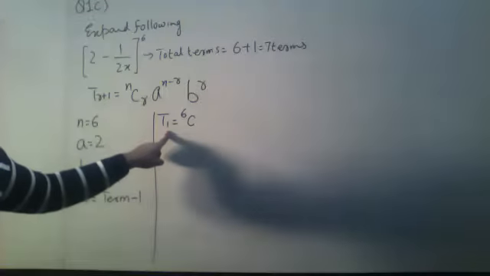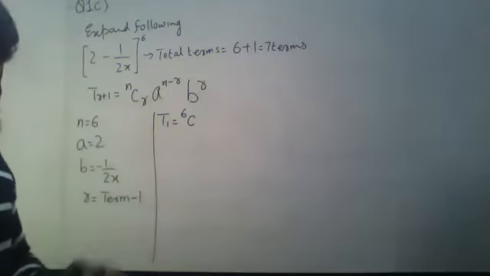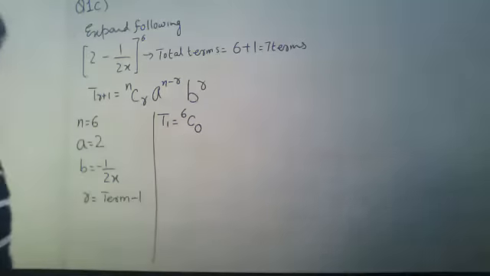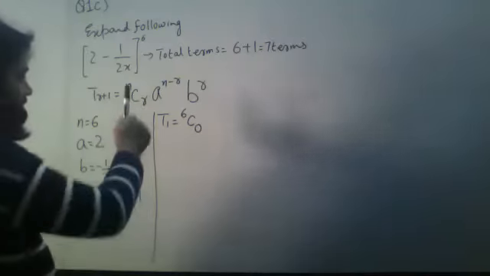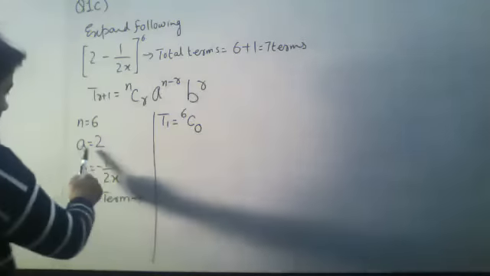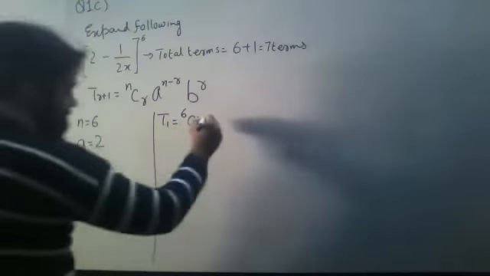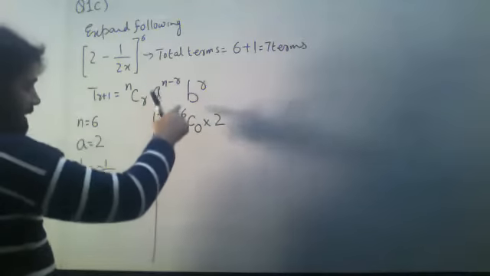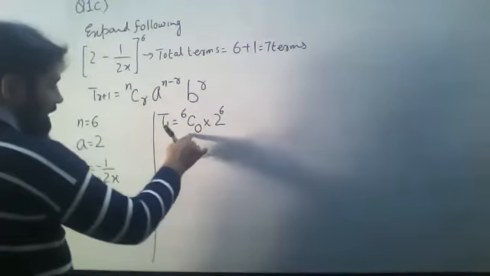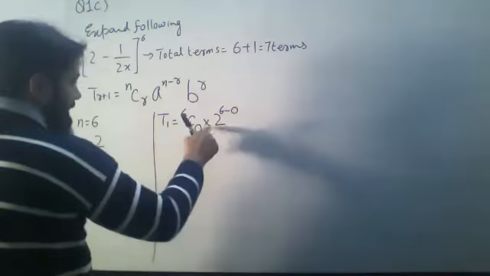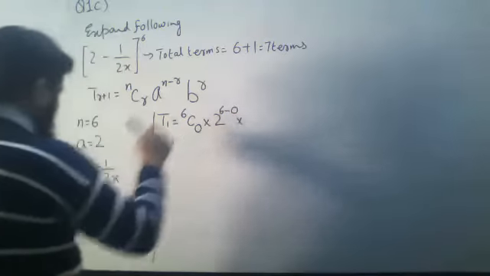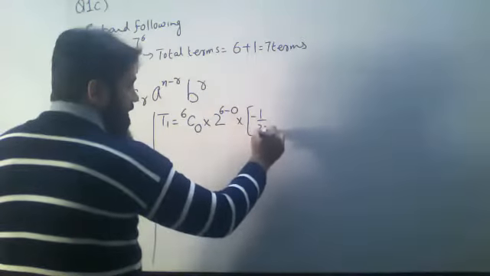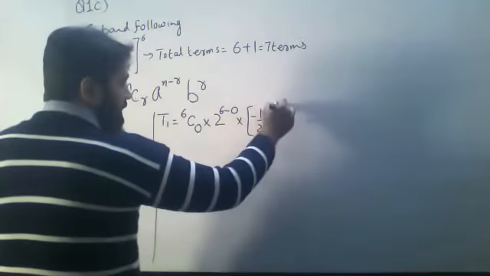The term number is 1, so r will be 1 minus 1, which is 0. After that, a is the first term, 2, to the power n minus r, where n is 6 and r is 0. And then b: minus 1 over 2x whole power 0.